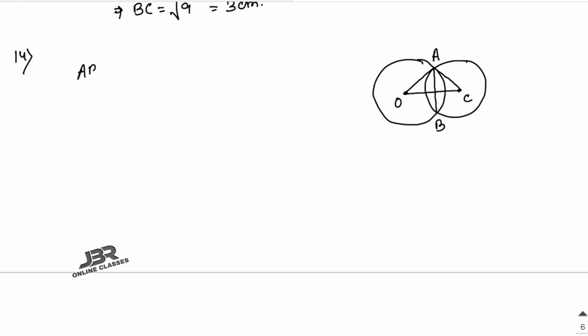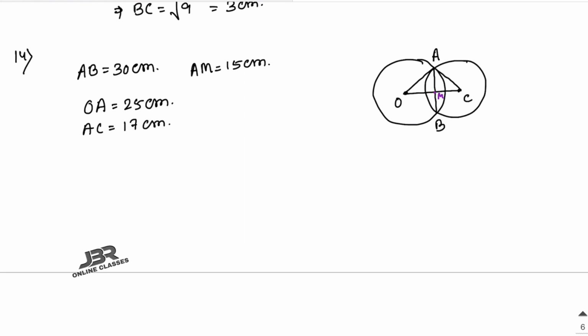So the common chord AB is equal to 30 centimeter. Then suppose this point is M. So M is the midpoint of AB. That means AM is equal to 15 centimeter. If the radii of the two circles are 25 centimeter and 17 centimeter, that means OA is equal to 25 centimeter, and AC, the radius of the second one, is 17 centimeter.